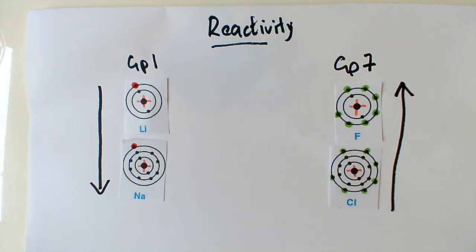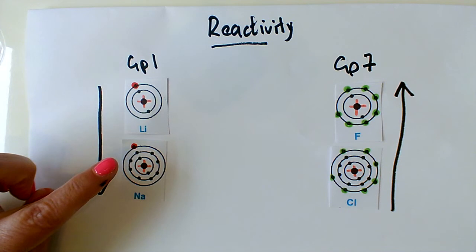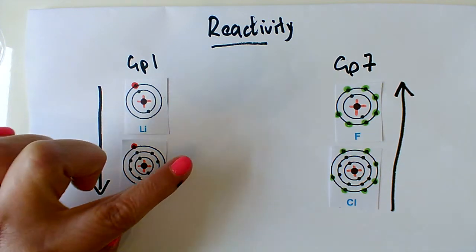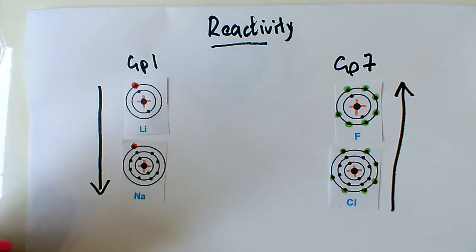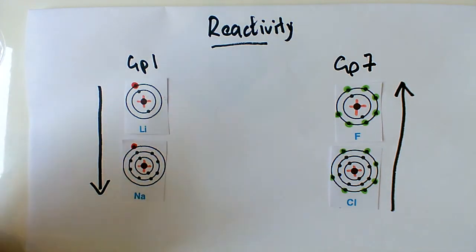So if we look at group 1, you've got to ask yourself, is it easier to get rid of this one electron, or is it easier to gain 7 to make this outer shell full? Well, of course, it's actually easier to lose that one electron, so it is left with a full outer shell underneath.